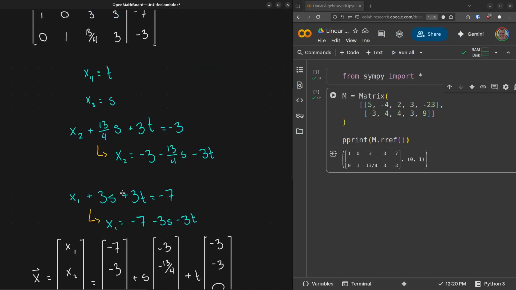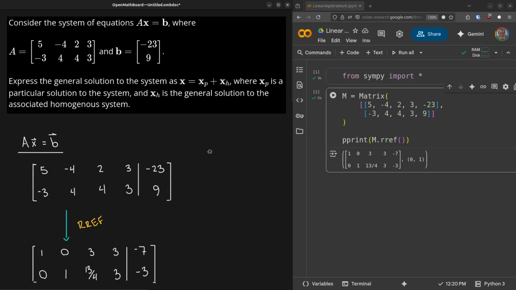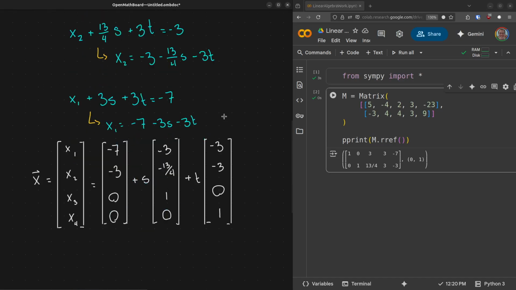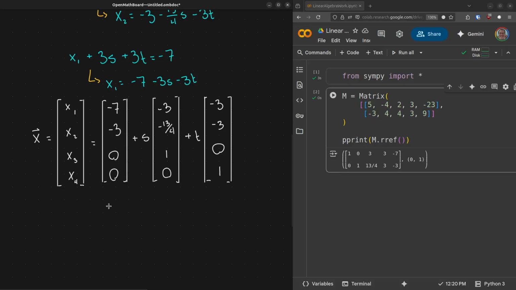We haven't quite finished what we need to do, though, right? We've solved the system, but we want to break our solution into a particular solution and a general solution to the homogeneous system x sub h. Now, you do this just a couple times, and you'll be able to quickly see that this constant vector here, that's a particular solution.